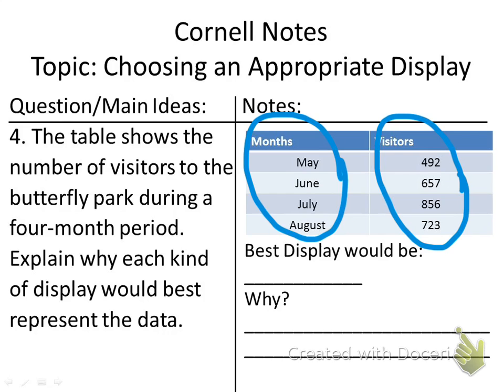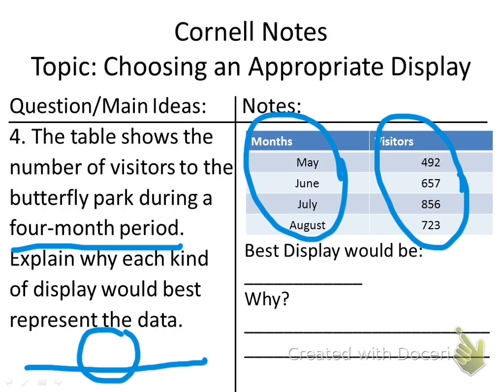Well, we have a 4-month period, so that's my whole. It's not a year, so it's not an entire complete set of data. It's only a brief period. So if we have something that's smaller and it's not a whole of a year, the best to describe this would be a circle graph.